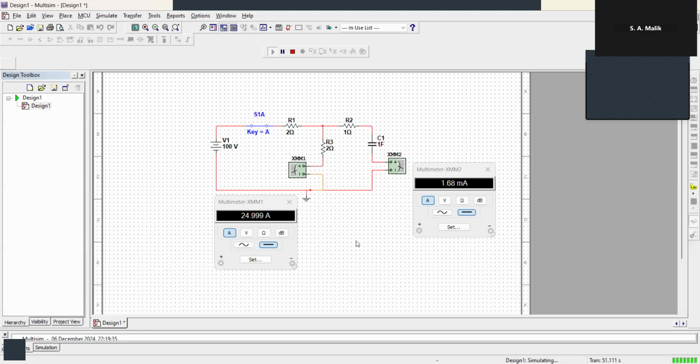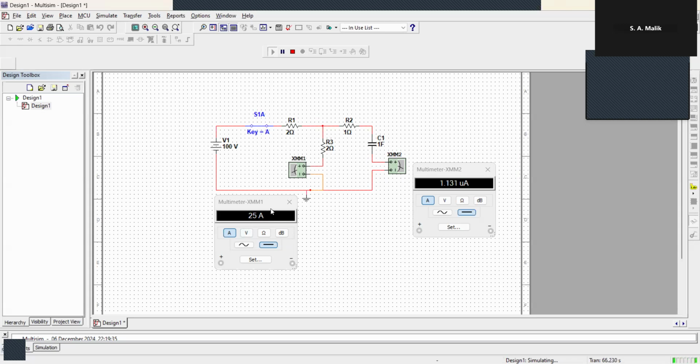Now it is in microamperes, and the resistor current is almost equal to 25 amperes. So the capacitor is now fully charged and will act as an open circuit, so no current can flow through it. All the current will be flowing through R3.